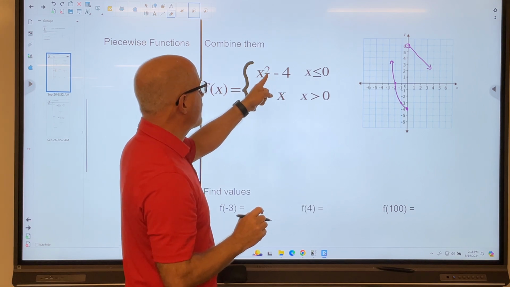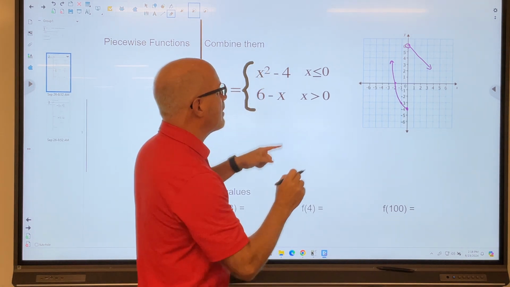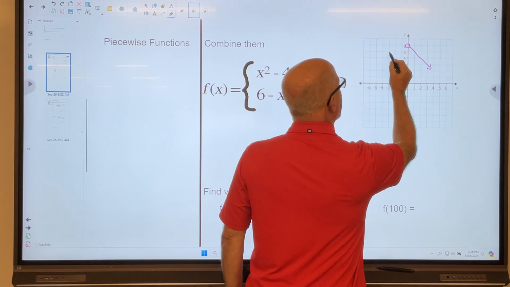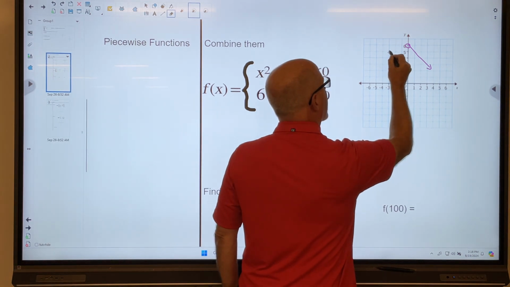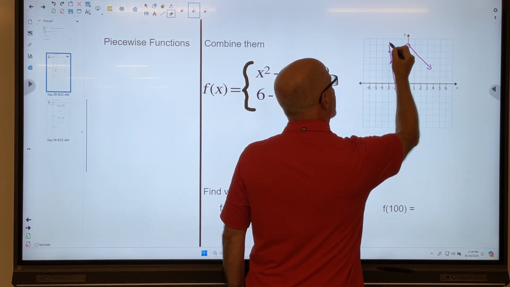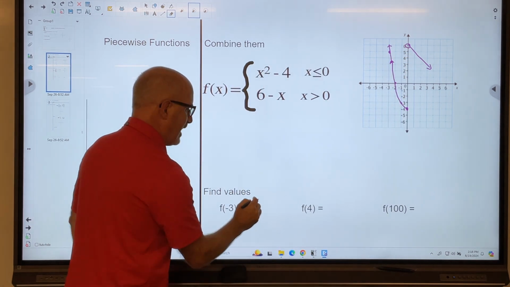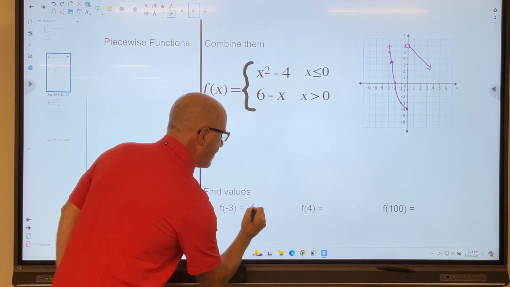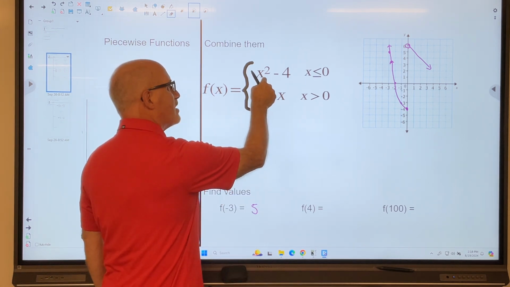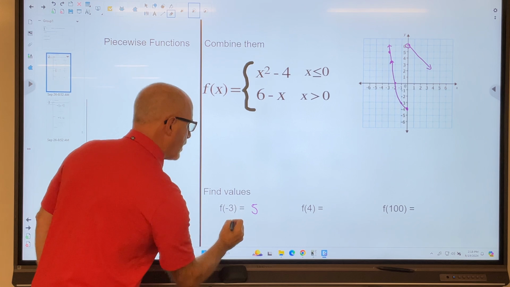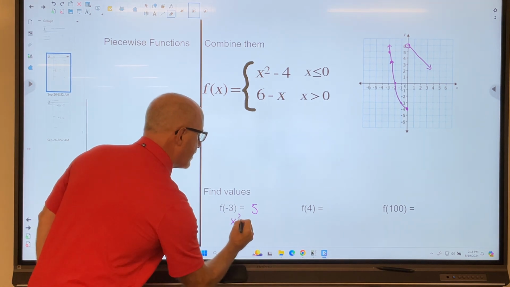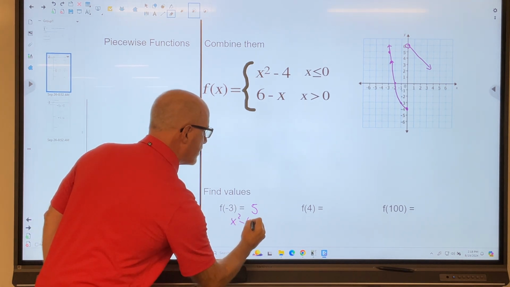Well, if I put in -3 here and square it, I get 9. 9 minus 4 would be a 5. So it would be this point right there. So this graph would have gone through that point. So f of -3 is equal to 5 because we use this rule, x squared minus 4.